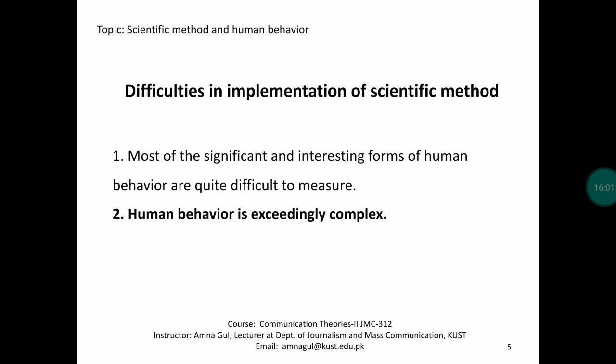Okay, so human behavior is very, very complex, and it is very difficult to implement scientific method to study social science or human behavior. Similarly, for example, when we do some studies on children, let's suppose we just want to see if screen time is having any negative effects on children.